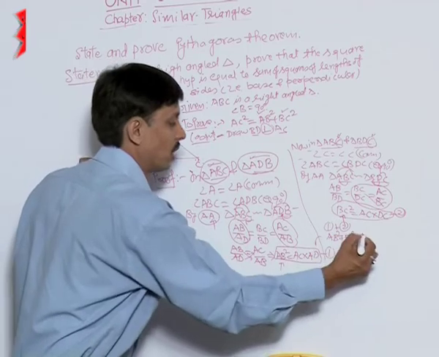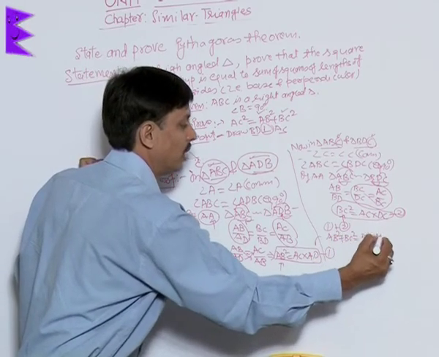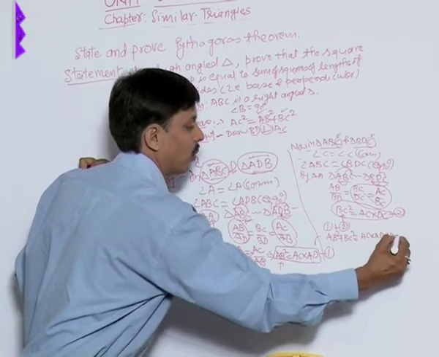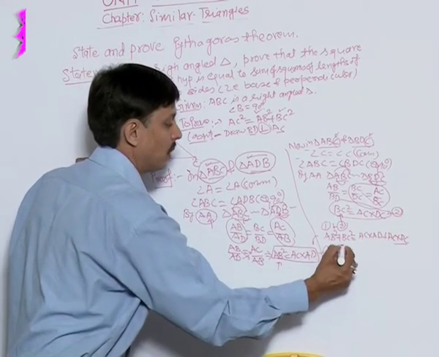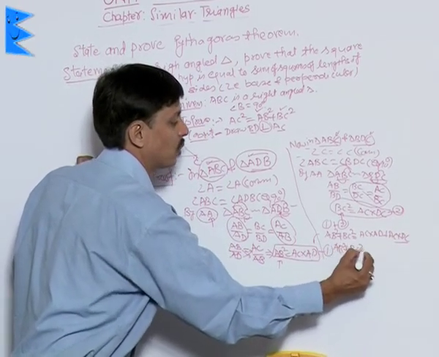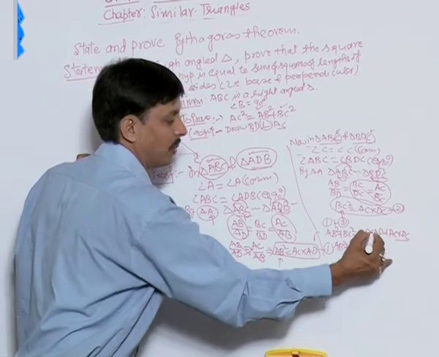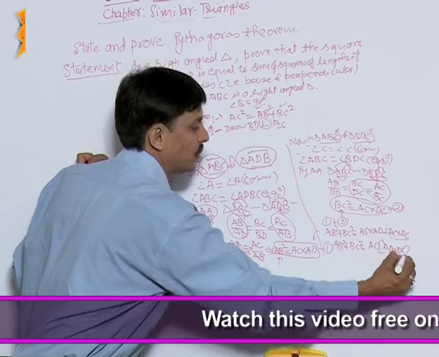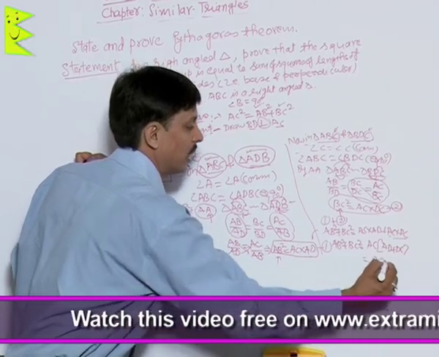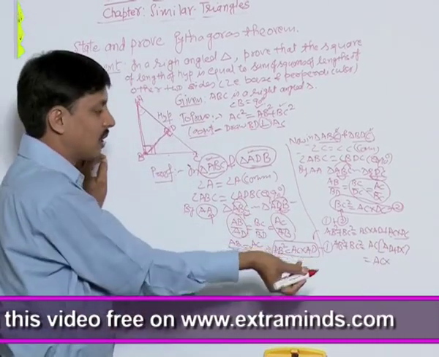The answer of AB square is AC into AD, plus the second one, AC into DC, the answer of BC square. So the answer of AB square plus BC square comes out to be, AC is common from these two, I am writing here AD plus DC. So we can say it is AC into AD plus DC.